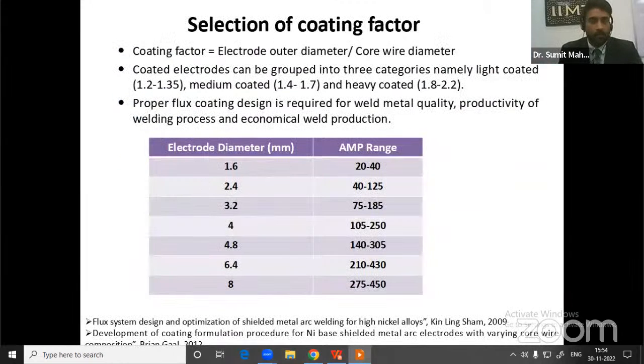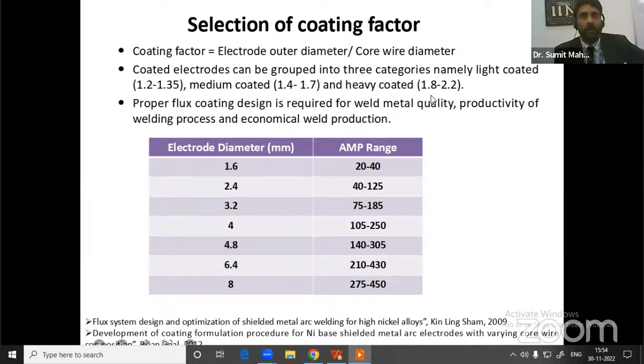Next is the coating factor. As I told earlier, the electrode is made up of the core wire and the coating. The coating factor is the electrode outer diameter divided by the core wire diameter. Generally electrodes are grouped into three categories: light coated, where the coating factor is 1.2 to 1.35, medium coated, and heavy coated.